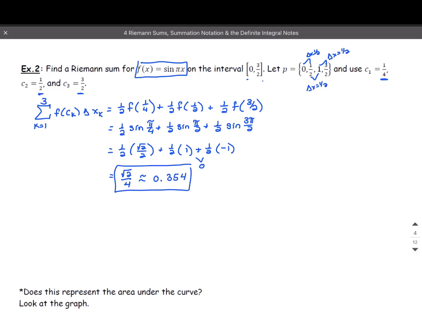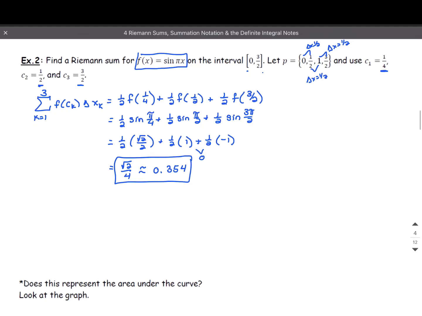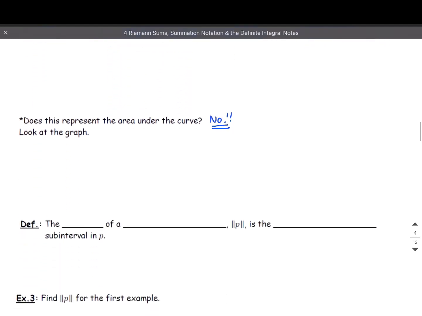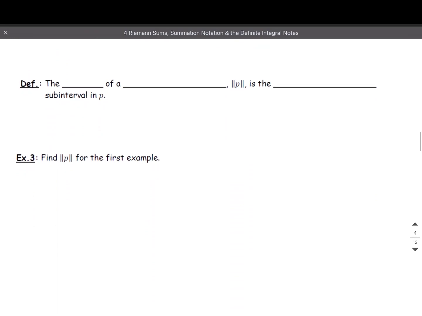And that is our answer. Ta-da! Now, does that represent the area under the curve? You might want to think about that and start wondering what's going on, because the answer to that question is no. I wonder why we've been doing area under a curve. That sounds weird then.